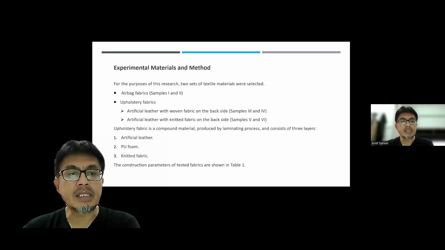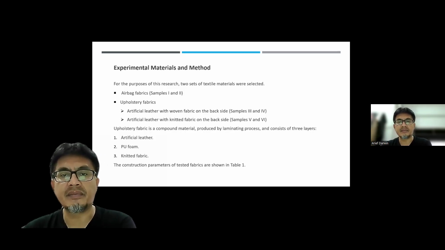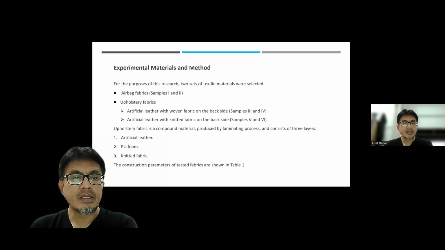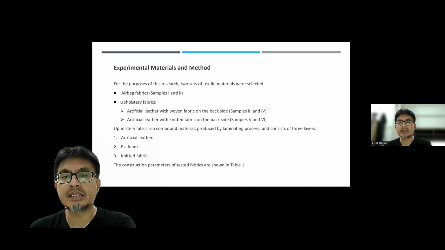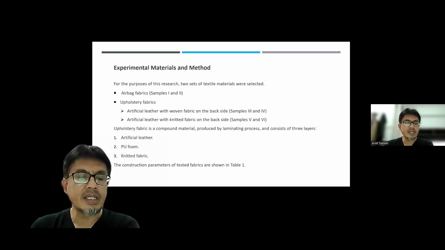And the other is artificial leather with the knit fabric on the back side, samples 5 and 6. The upholstery fabric is a compound material produced by a laminating process and consists of three layers: the artificial leather itself, then the PU foam, and then the knit fabric.